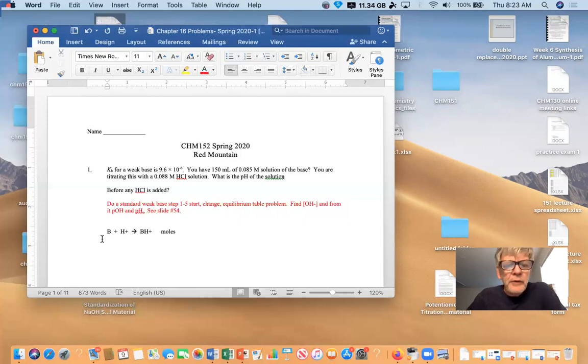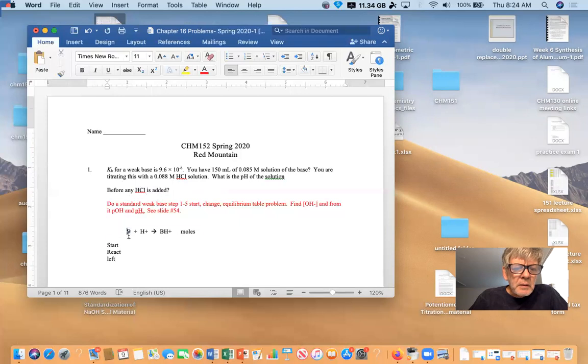And so instead of a start change equilibrium table, we're going to do a start, react, left table. So we'd start with some weak base. So we're going to need to use the volume and the molarity to get the moles. Well, the first question is we don't have any H, so I got ahead of myself.